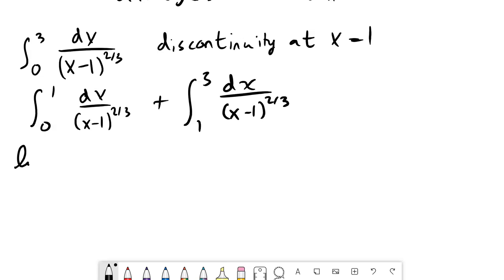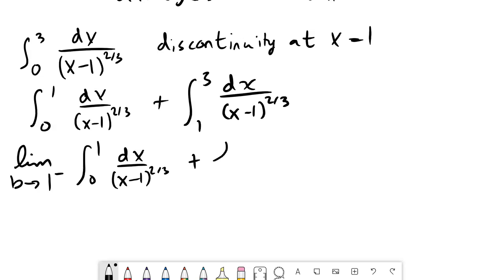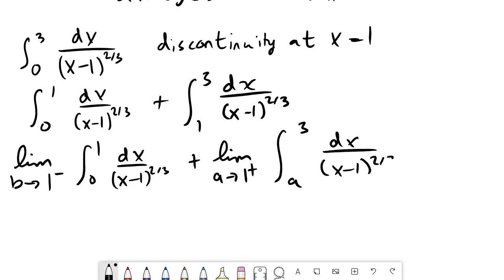We take the limit as, I'm going to use b here, b approaches 1 from the left of the integral from 0 to b of dx over x minus 1 to the 2 over 3, plus the limit, I'm going to use a in this case, as a approaches 1 from the right of the integral from a to 3 of dx over x minus 1 to the 2 over 3.